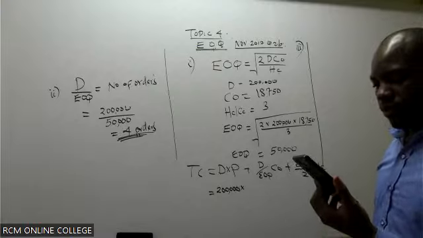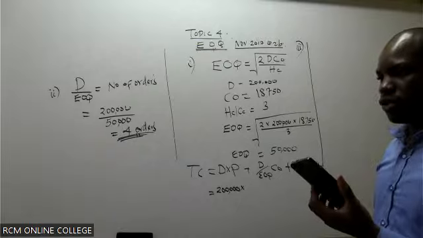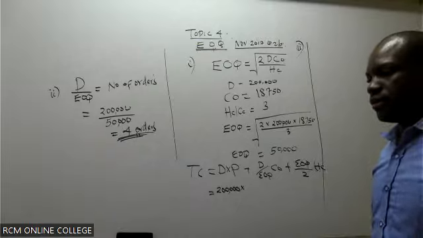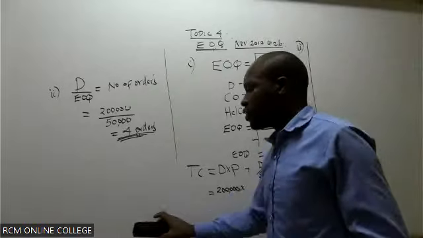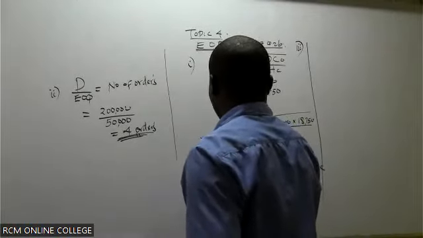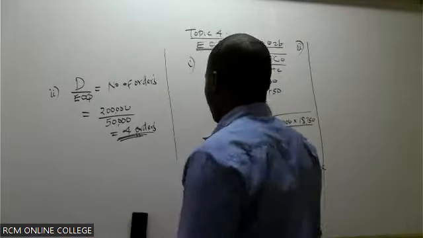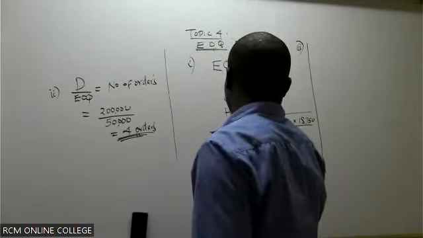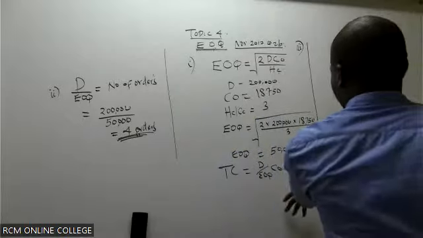Let's see. The amount you're going to pay to the supplier, do we have it anywhere? No. So if that is not given, basically we change our formula. We do away with where we are required to use the purchase price. So this is what is going to remain here.